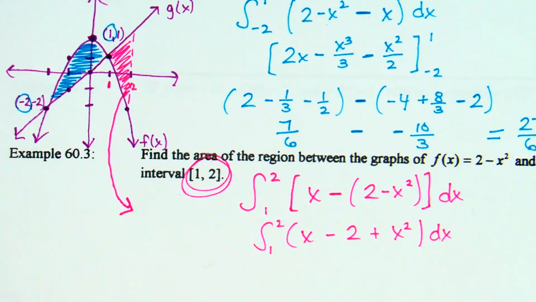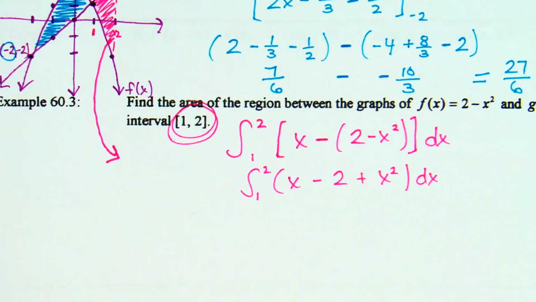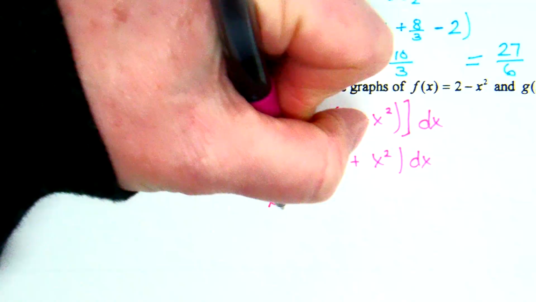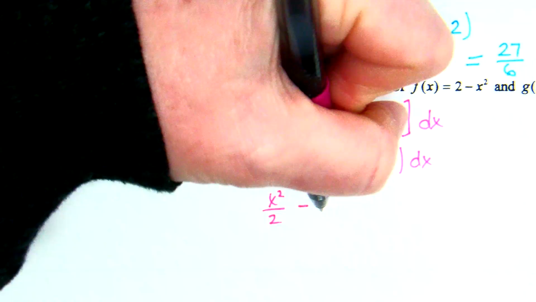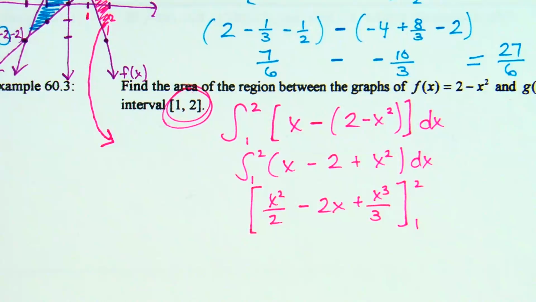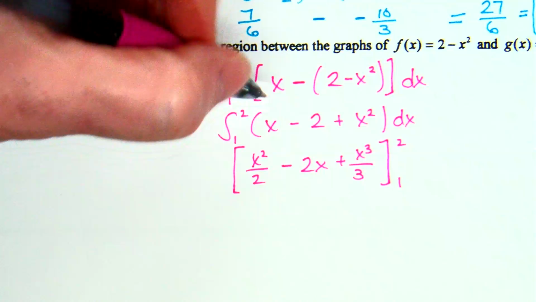We've already integrated these pieces, haven't we? So x becomes x squared over 2 minus 2x plus x cubed over 3, evaluated from 1 to 2. Okay, first we are plugging in 2.